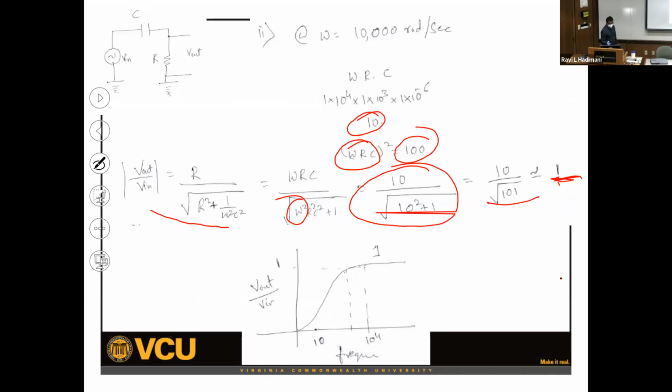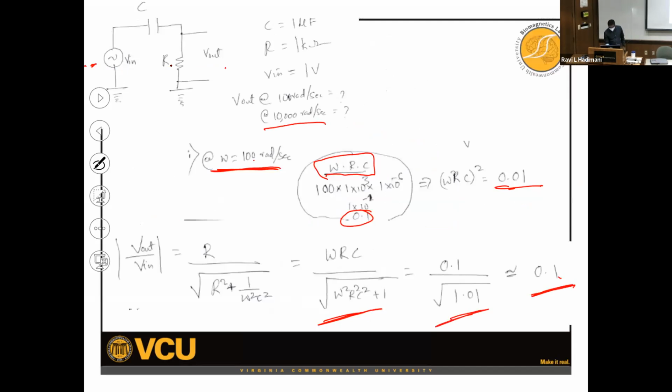What that means is at higher frequency, whatever voltage out you get is the same as whatever voltage in you give. So the resistance or capacitance has the least effect, and whatever voltage you input, you get the same output. Whereas at lower frequency, it's 10 times lower at 100 radians per second.